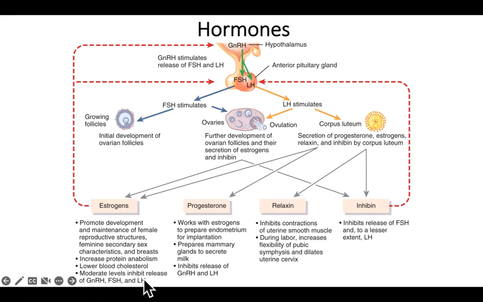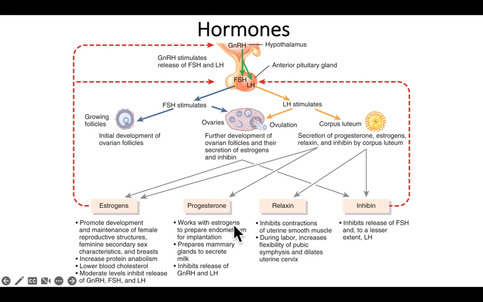And that should kind of make sense, because remember, the FSH and LH are high before ovulation. We want them to go low after ovulation. So it's the production of estrogen, progesterone, and inhibin which cause FSH and LH to go low after ovulation. All right, and we'll revisit that concept a couple times.